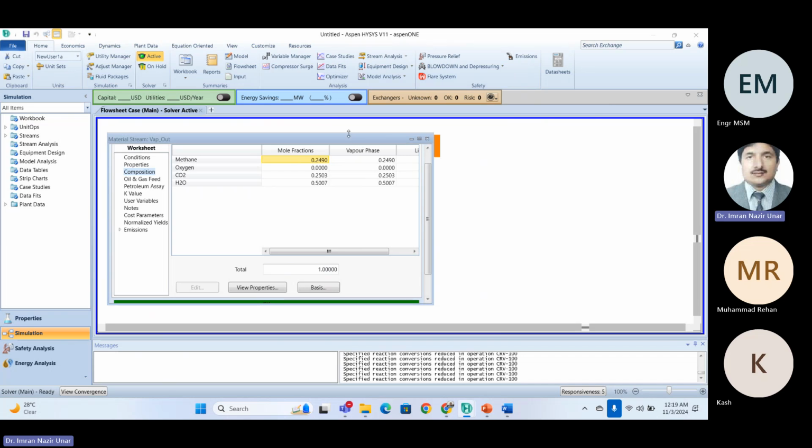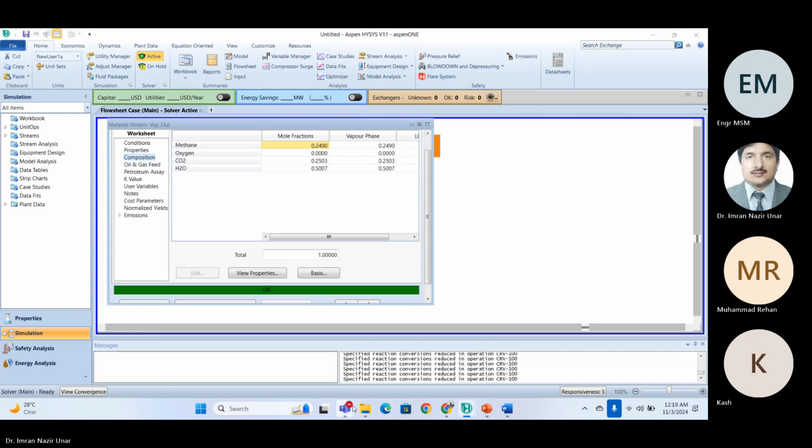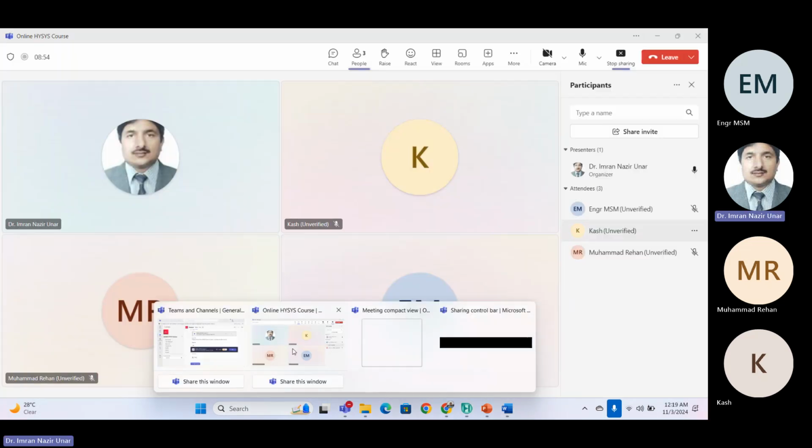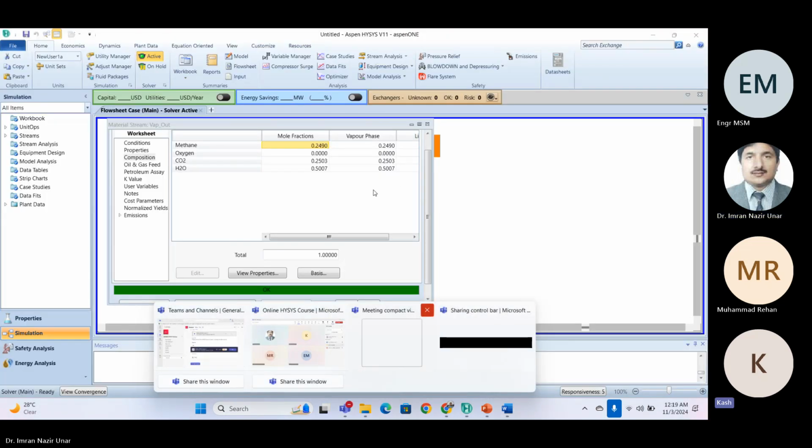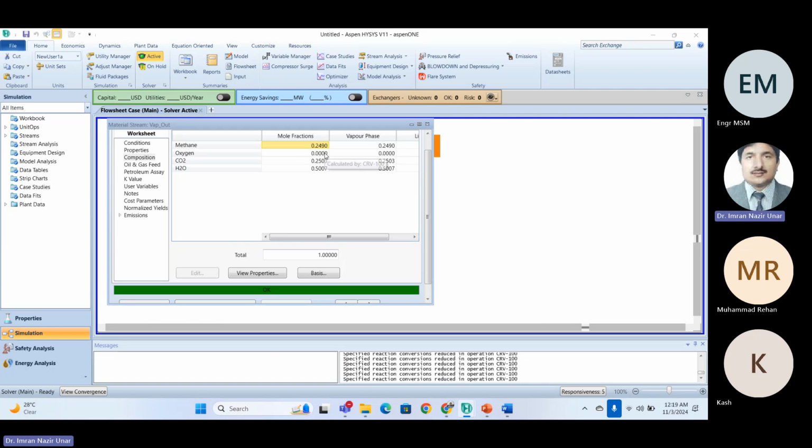Why did this happen? Anyone? Why is methane still there? What is the reason? I think oxygen is the limiting reactant. Oxygen is the limiting reactant. The oxygen is finished. So this reaction extent was up to this point, and the rest of the methane came out unreacted.